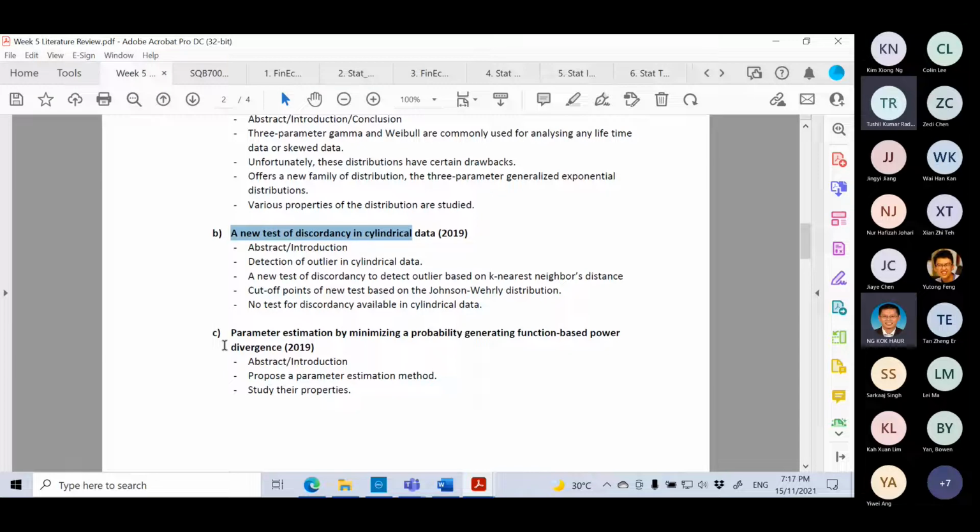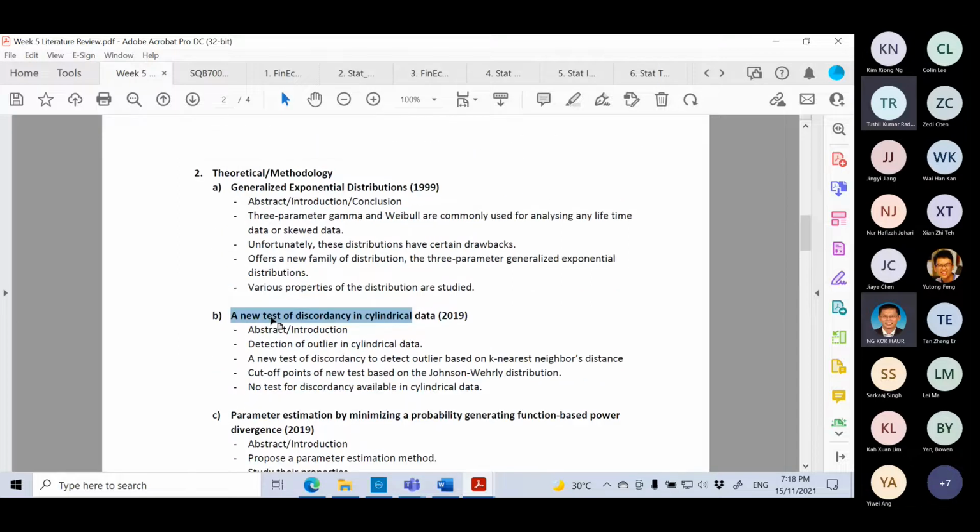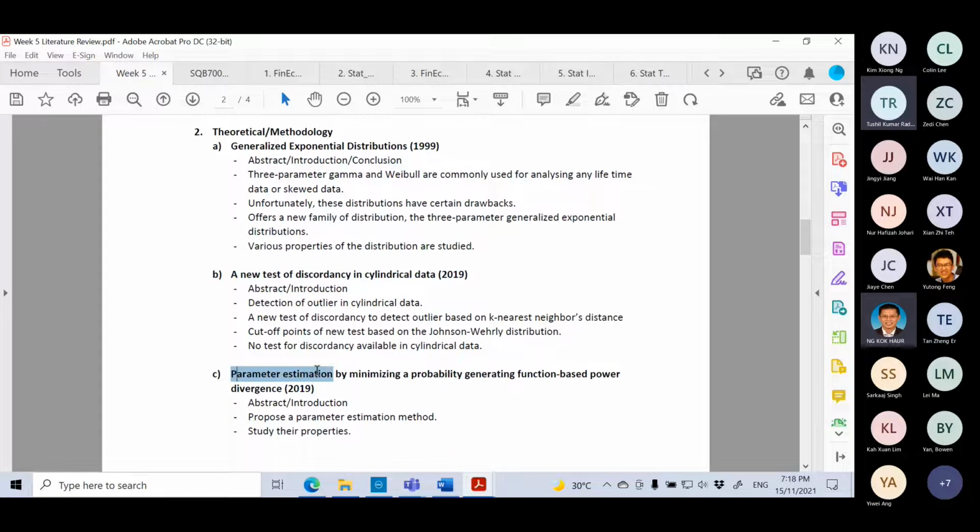But how the computation is done, all of this is left to the computer programs. So in statistical research, some people are interested in parameter estimation. They estimate the parameters instead of using what is available in the software.